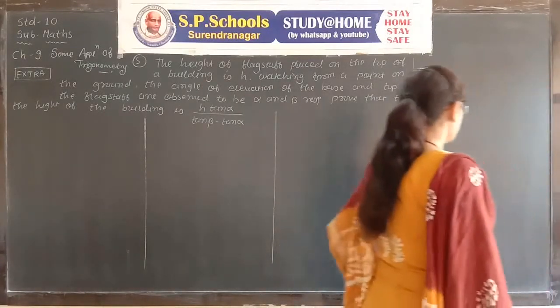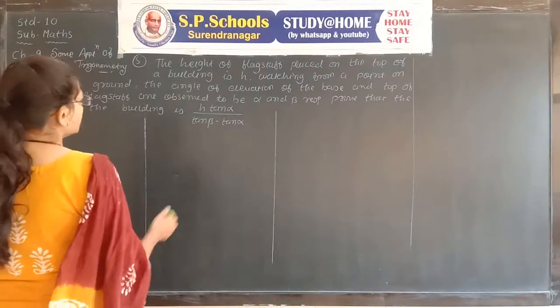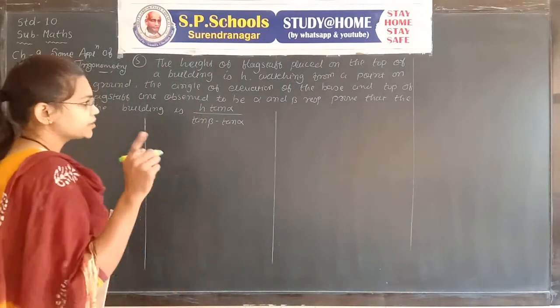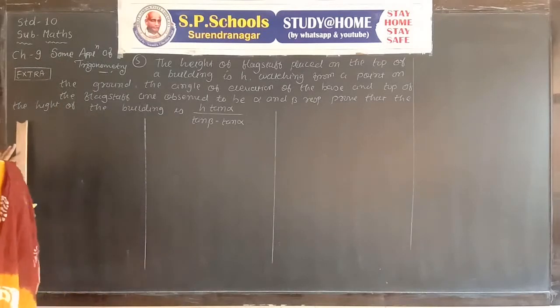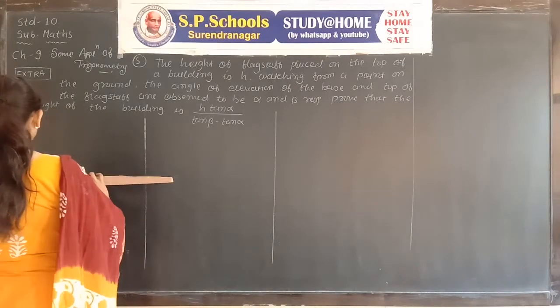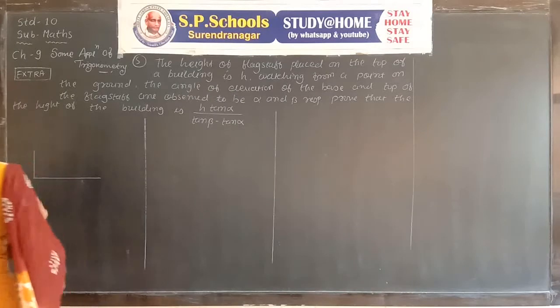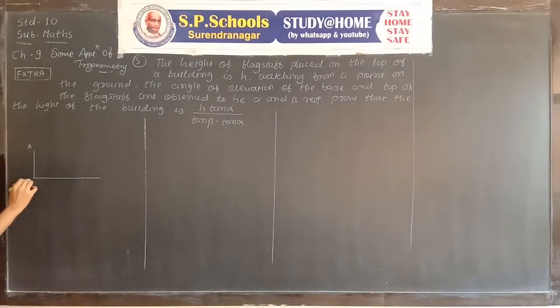Keep in mind, whenever you draw your figure, use a scale and pencil. Height of flagstaff placed on a top of building, so first draw a building. Building is vertical to the ground. AB represents building.